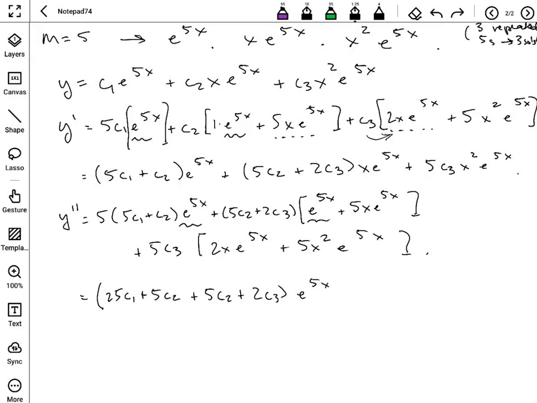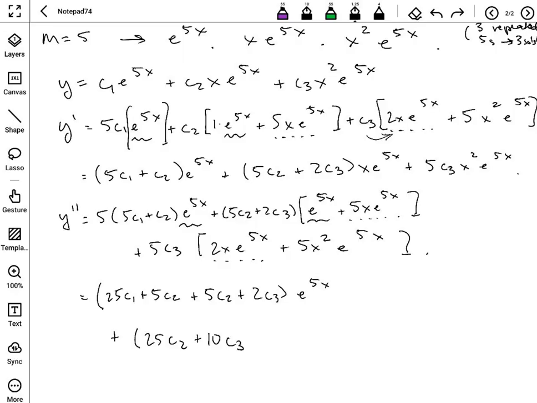And then for my x e to 5x term, it appears here and here. So I'm going to go ahead and distribute through. I've got this 5 times the constant I had out front before, so that's going to give me 25c2 plus 10c3.